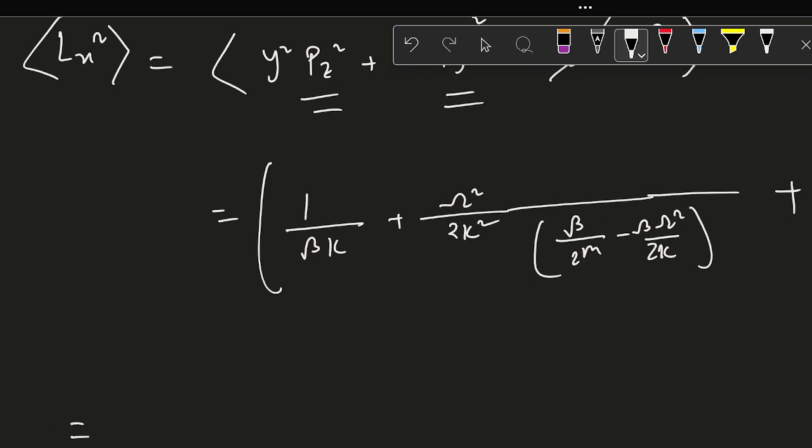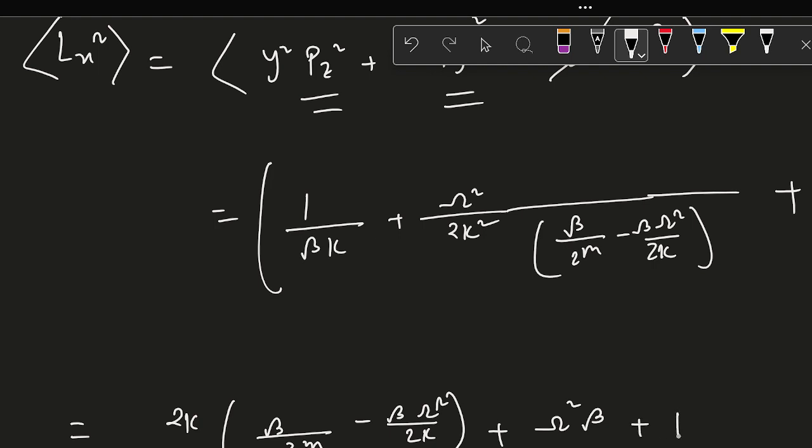You can just go ahead and simplify it further by taking 2 beta k squared, in fact, beta by twice m minus beta omega squared by twice k, out. So the first part has 2k into this term missing, so you have 2k times beta by twice m. The second part has just a beta missing, and the third part has beta k squared, just a k missing.